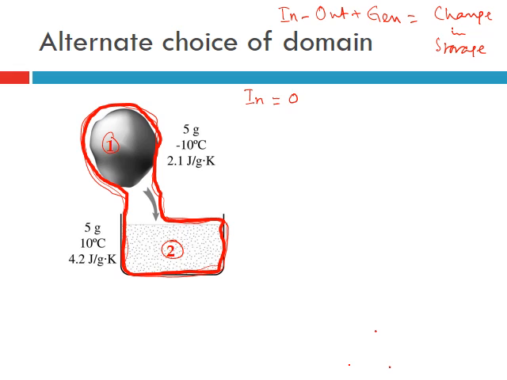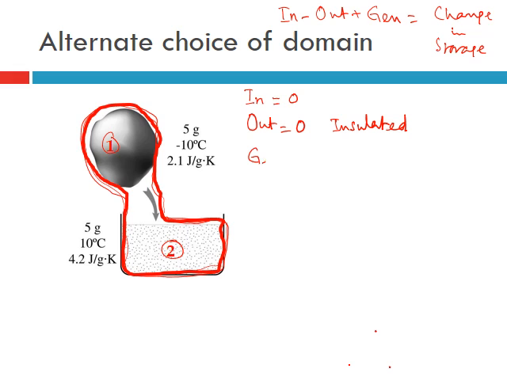Okay, so let's do the in term now. In is 0 because everything is already inside the system, so there is no more energy coming in. Now the out term is also 0 because it's insulated.